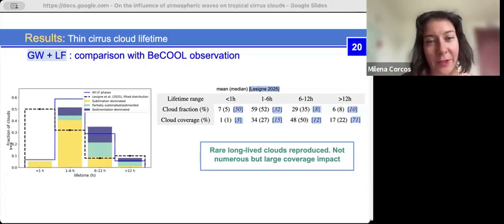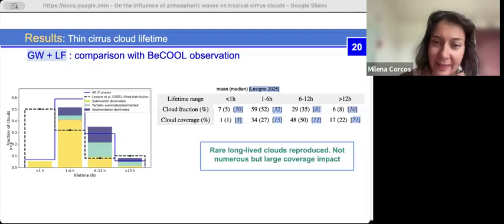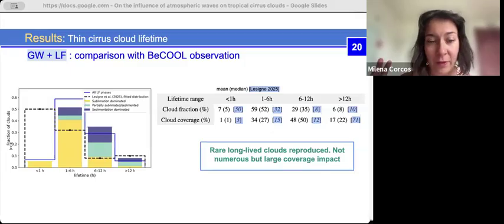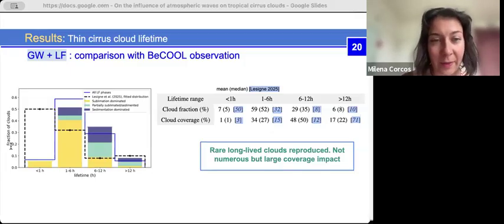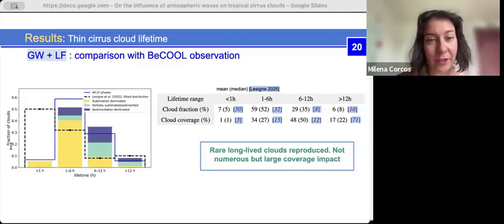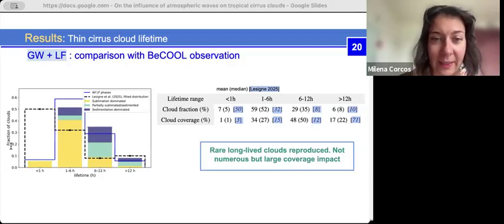So both our simulations and observations have a larger portion of clouds lasting less than 6 hours than more. And both the observations and simulation represent a non-negligible part of clouds that last more than 12 hours.